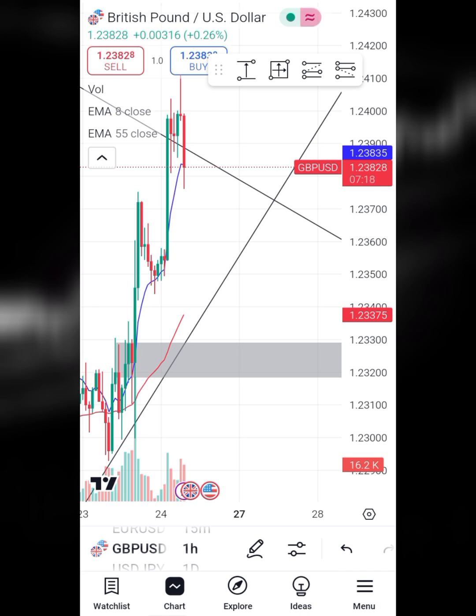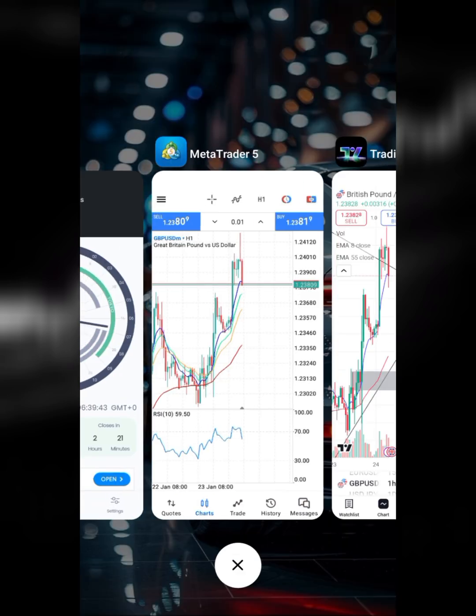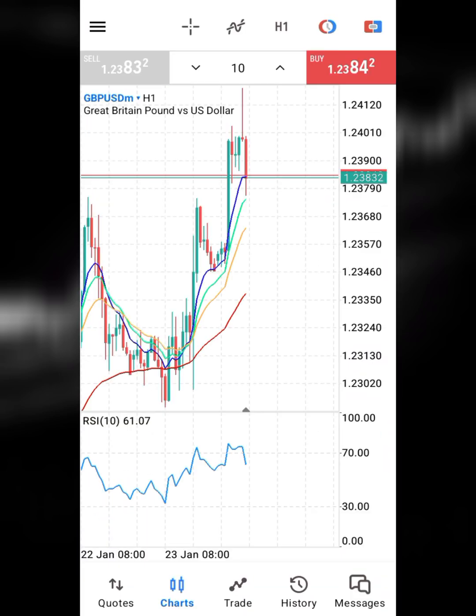So if we check MetaTrader 5, it is currently in an uptrend, right? What's this thing called again? I've forgotten the name. Okay, the one down here is the RSI.